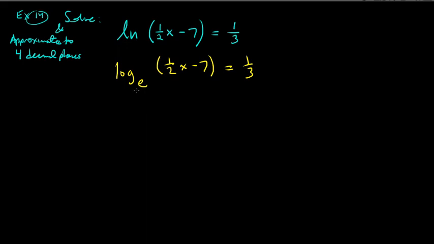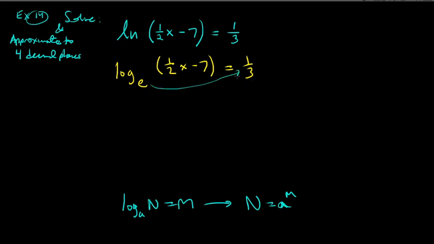Okay, so we're just going to use the definition, and just to remind you of that, log base a of n equals m converts to n is equal to a to the m. And so here a is e, n is 1/2 x minus 7, and m is 1/3.